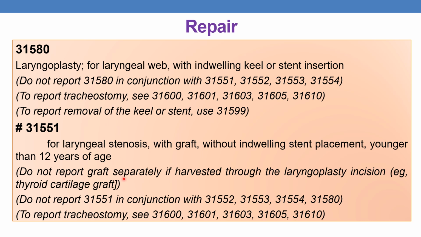And do not report graft separately if harvested through laryngoplasty incision, for example, thyroid cartilage graft. And do not report 31551 in conjunction with 552, 553, 554 and 580. And to report tracheostomy, you need to refer 31600, 601, 603, 605 and 610.